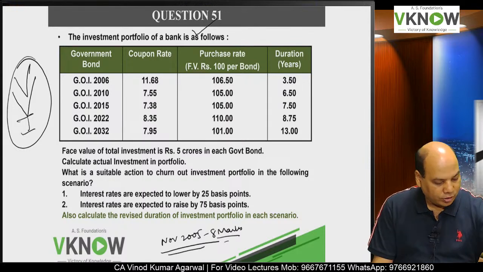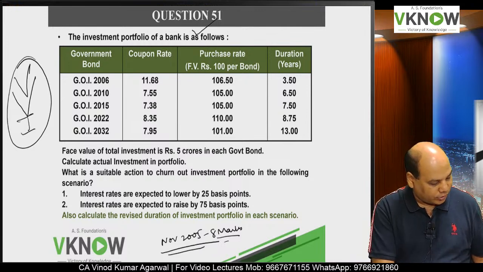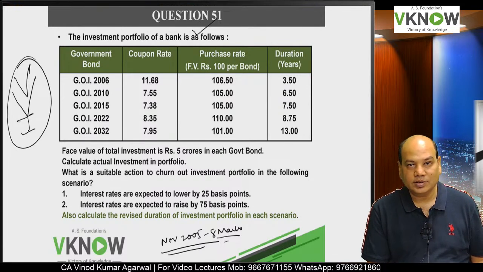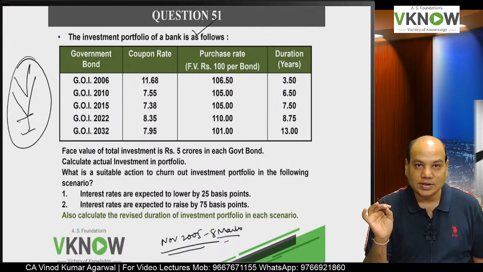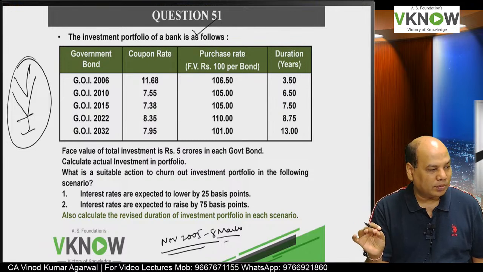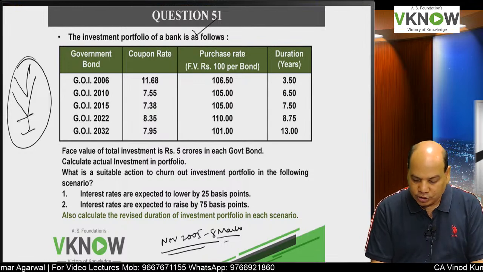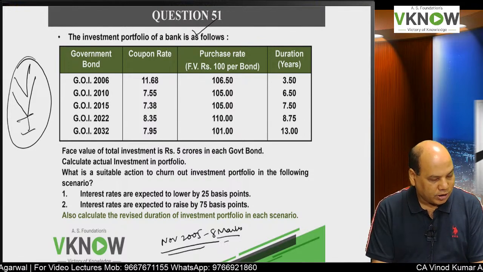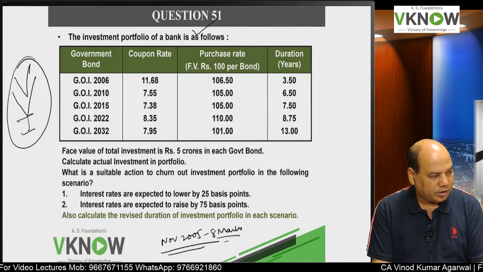If you see, question number 50 plus 51, both are from the November 2005 exam for 8 marks each, which means in November 2005 there were 16 marks weightage on this topic. So very good, Roshni, you can keep replying. So come to question number 51.